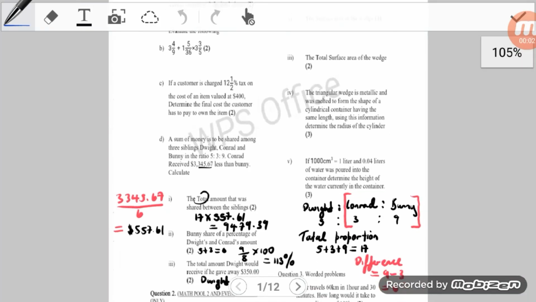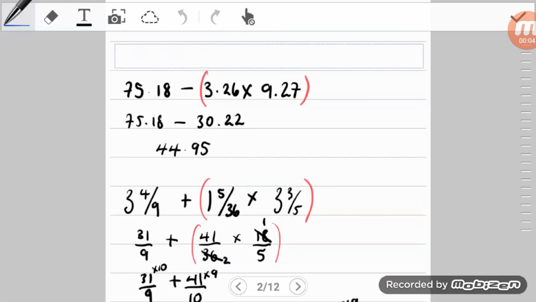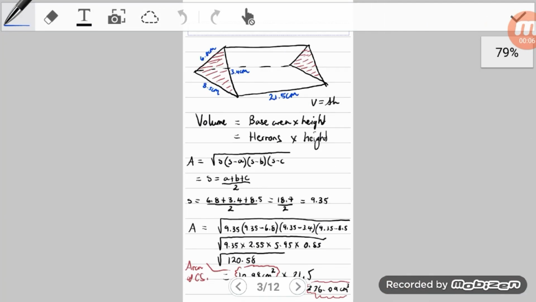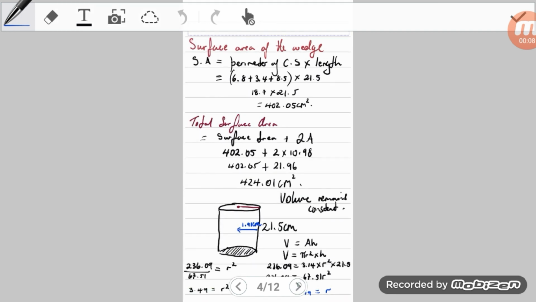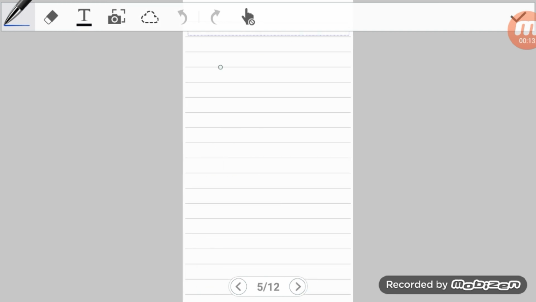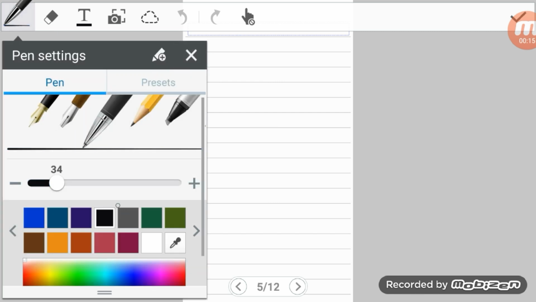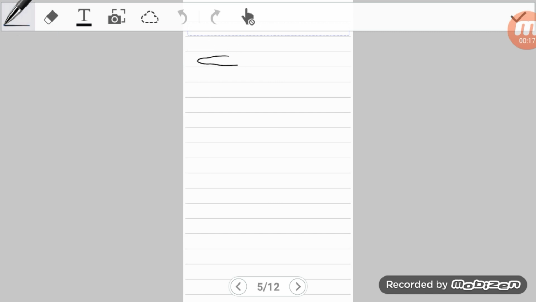All right, so we're going to go over here and get that done. It's the same container that we have here. Let's just redraw it on this side. So we have our cylindrical container here, and we're saying that some water was poured into it.